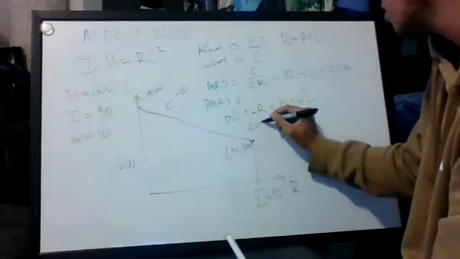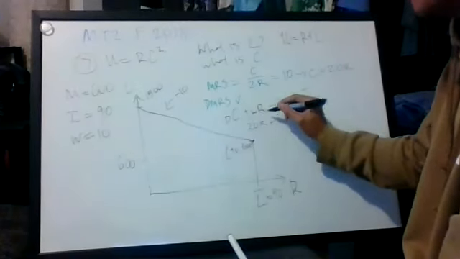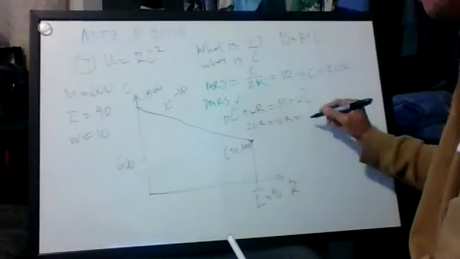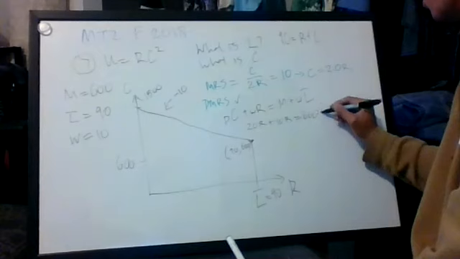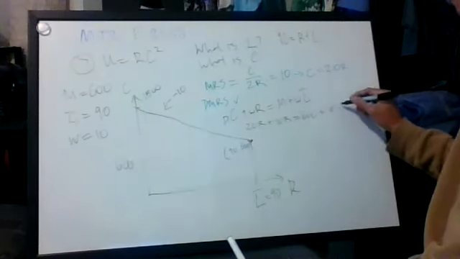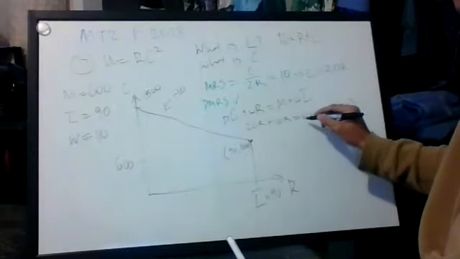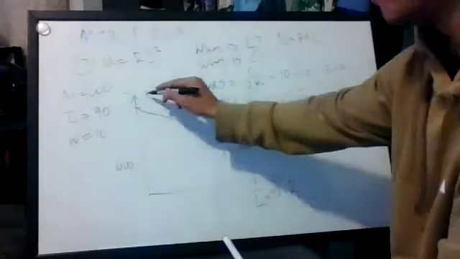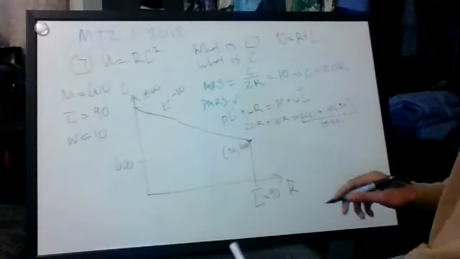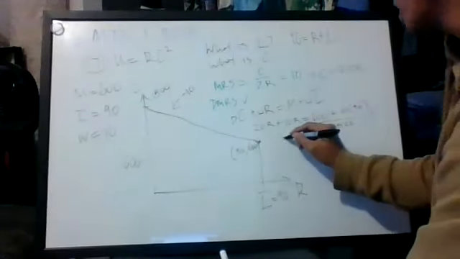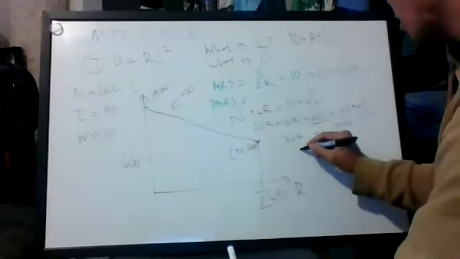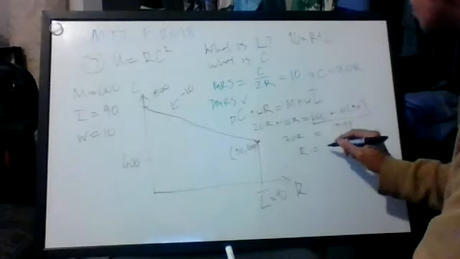So we have 20R plus W, which is 10, times R, is equal to M, which is 600, plus W, which is 10, times L bar, which is 90, right? And we already established from this point right here that this is all equal to 1500, right? And so we have that 30R is equal to 1500, which means that R is going to be equal to 50, right?